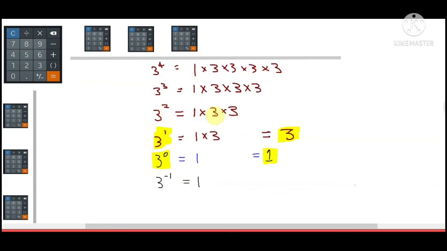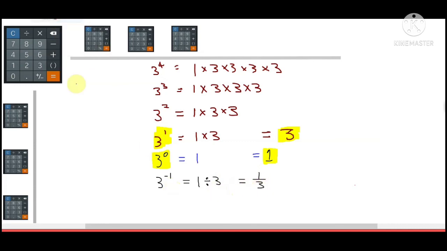The positive exponent told us that we are multiplying by a 3 each time. Now, the negative exponent therefore means we are doing the opposite of multiplying by 3. It means that we're dividing by 3, right? Since that's the opposite. So it would be 1 divided by 3, which works out to be 1 over 3.